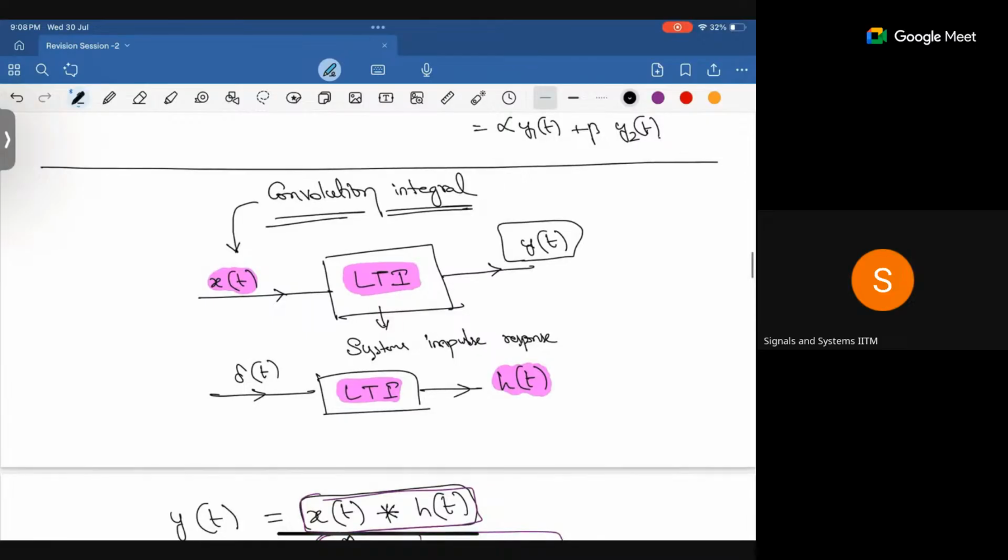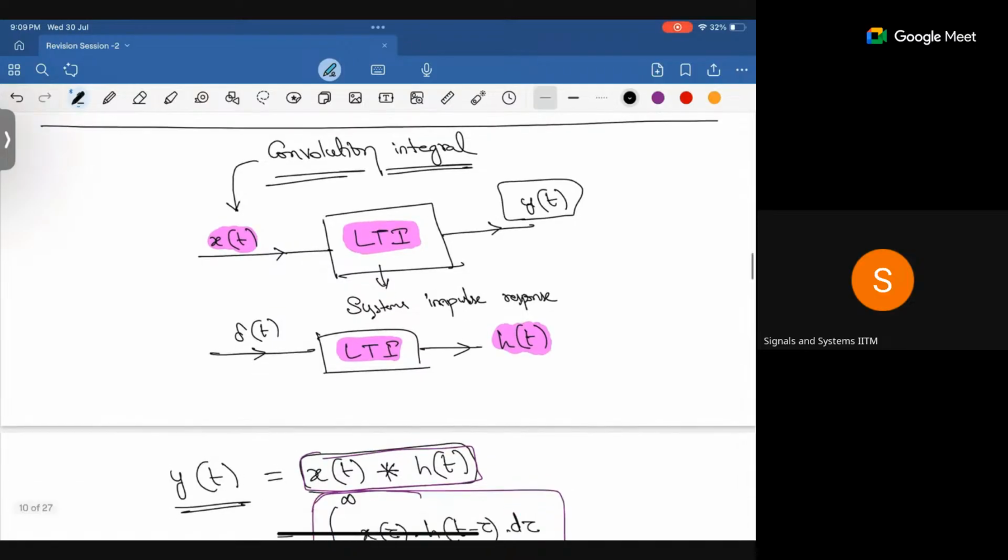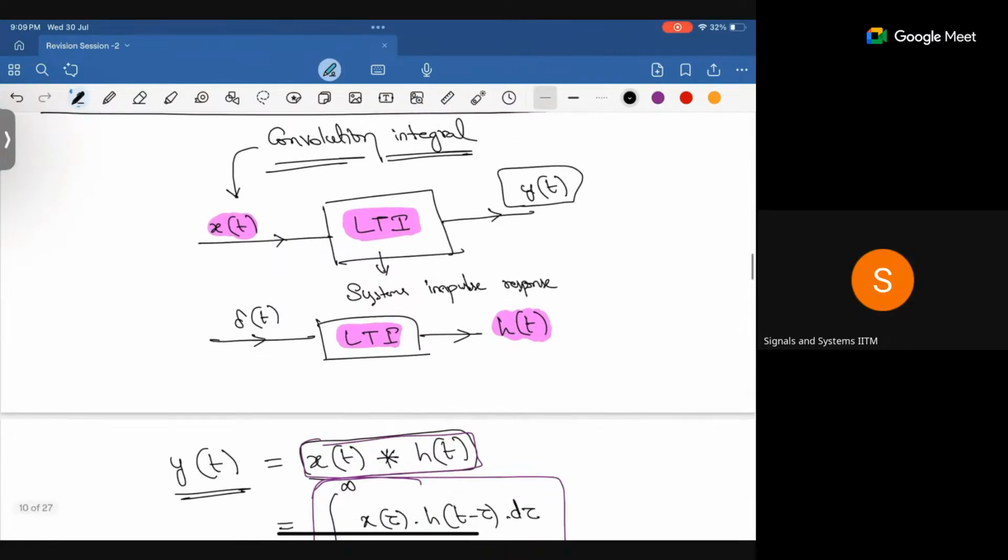Maybe you should see and understand the MATLAB simulation, where one signal moves and the other signal stays as it is, and then you will see a nice plot of convolution coming in. I suggest you do that. Majorly for week 6, I wanted to point out the important concepts.